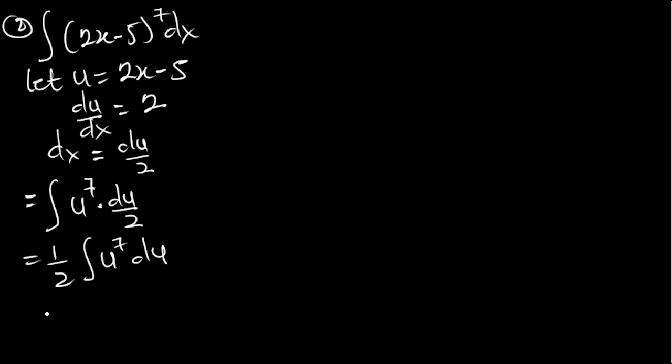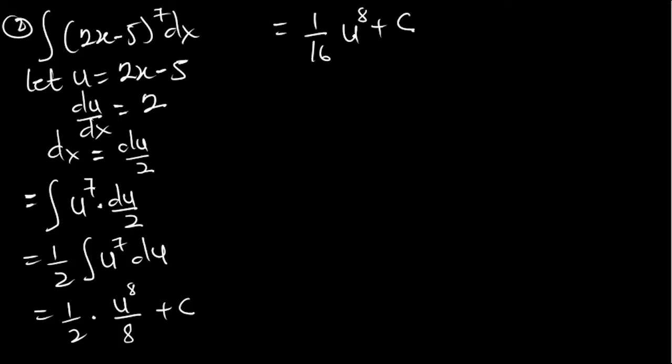So the integral of u to the power 7 is going to be u to the power 8 on 8, plus my c, which is equal to 1 on 16 u^8 plus c. So I can bring in the value of u now. So now the integral is going to be (2x minus 5) all raised to the power 8 over 16, plus c. That's the integral for this function. Are we okay? It's very simple.